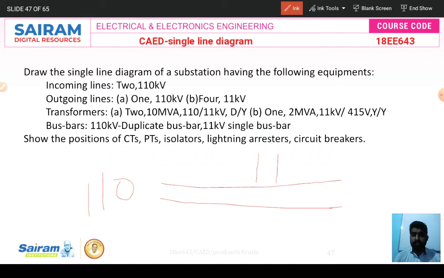See here, 11 kV is there. From that 11 kV we go to another bus bar. This is the 110 kV, this is the 11 kV, and this one is 415 volts. The best example I can give you is the BTPS thermal power plant or Raichur power plant.